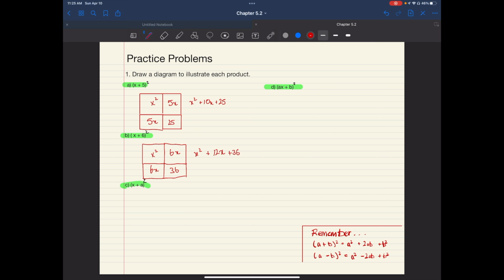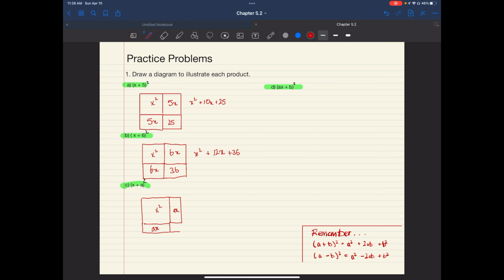Now, down here, we are going to have an x squared term. We're going to have ax. We are going to have another ax.